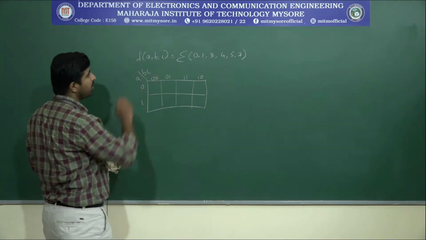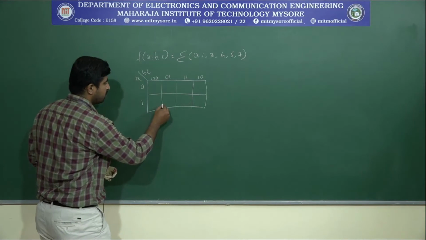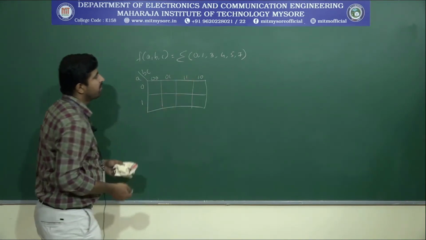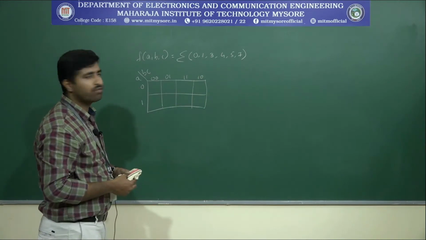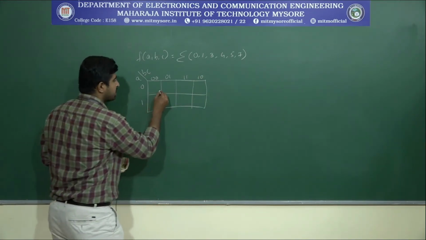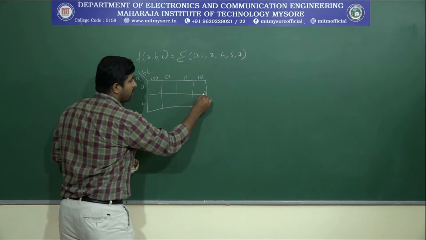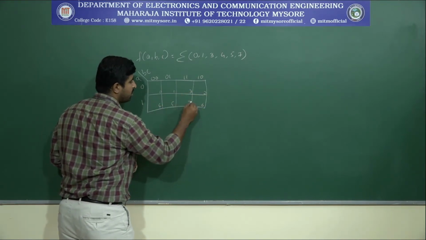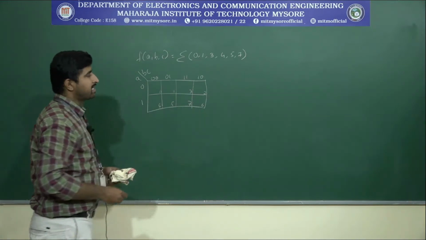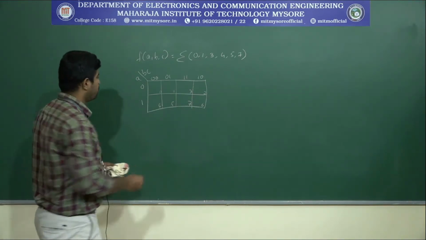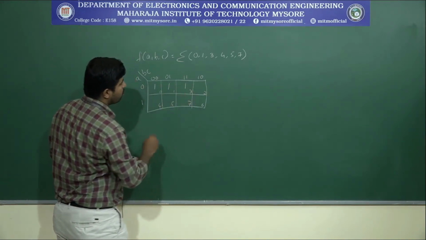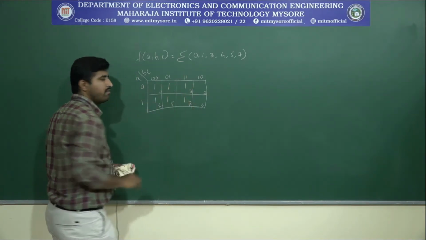Now, according to this equation, we have 0, 1, 3, 4, 5, 7. That means the cells corresponding to 0, 1, 3, 4, 5, 7 will have the logic 1, and the remaining cells will have the logic 0. So that means here 1, 1, 1, 1, 1, 1.